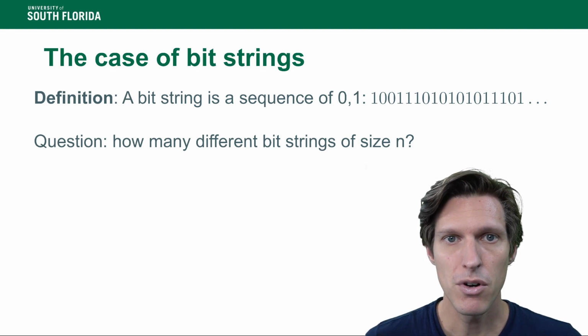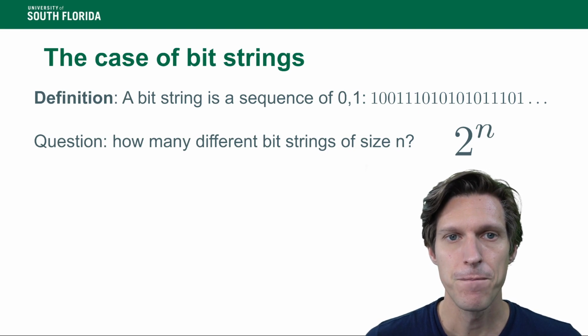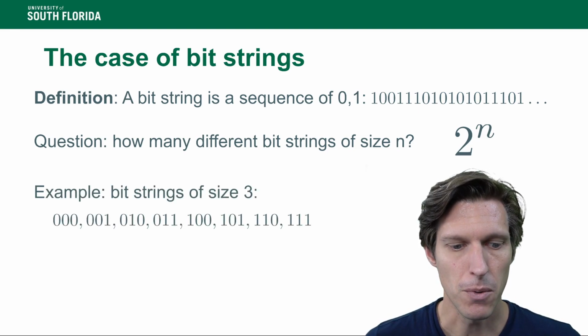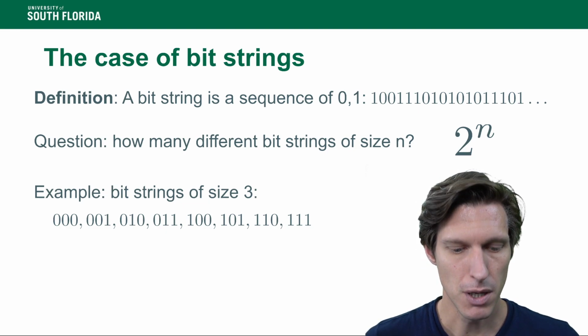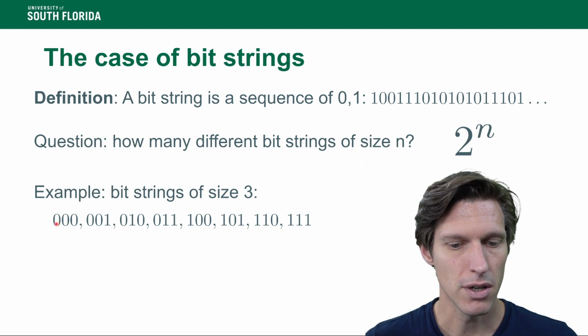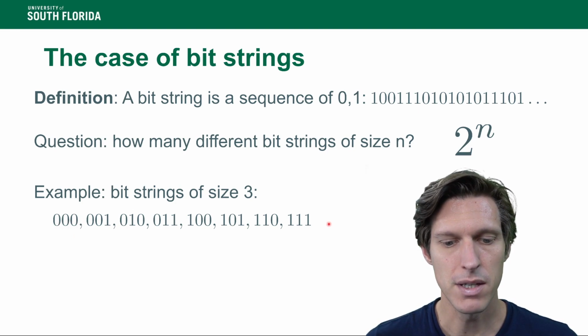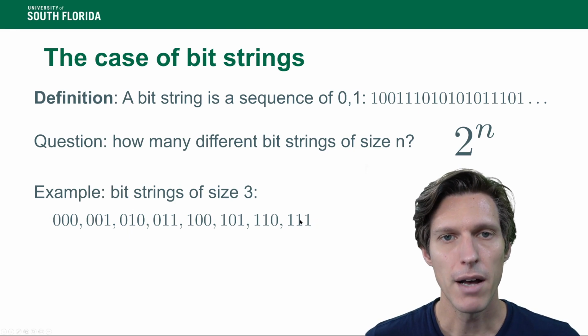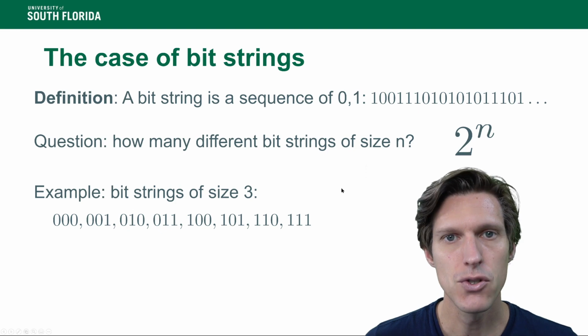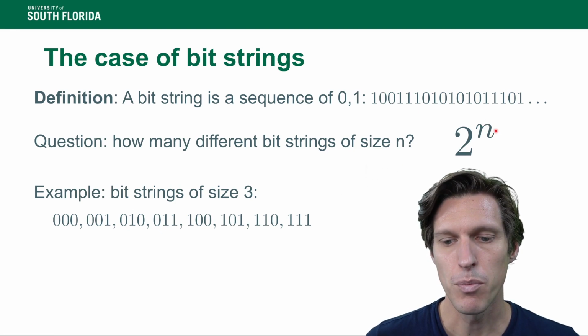The number of bit strings of length n is 2 to the n. Let's see why on an example. Say you're interested in bit strings of length 3. Here below are all the bit strings of size 3, starting with 0, 0, 0, and ending with 1, 1, 1. You can see that we have 8 of them, which is 2 to the 3, where I've replaced n by 3.